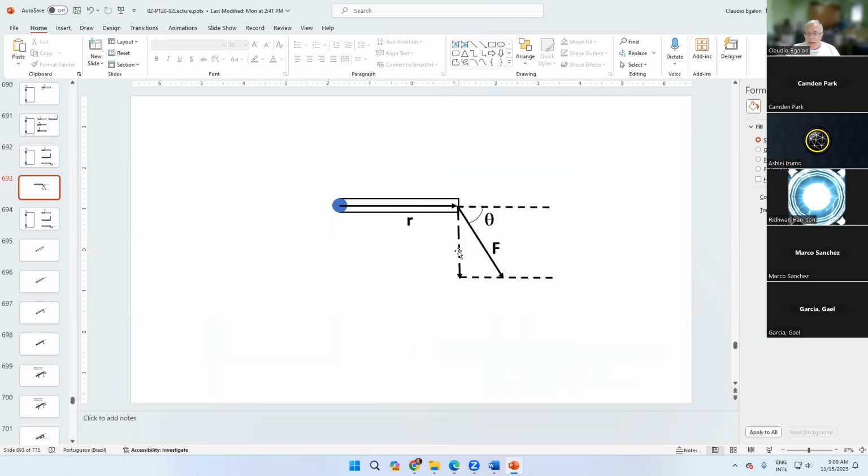And then we're going to have another component that's parallel to the vector position, like that.